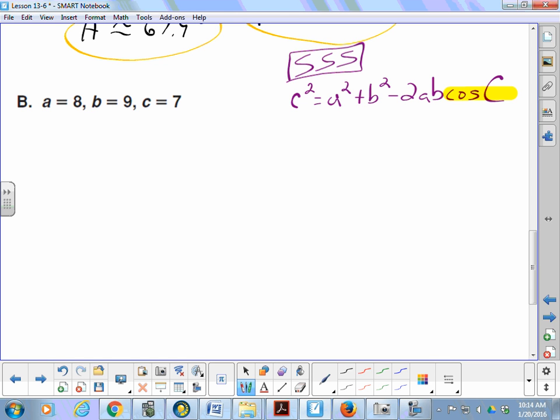Okay? So, what do I do first to solve for cosine of C? No, we're not plugging anything in. That's non-existent right now. We're just taking this law of cosines and we're going to solve it for cosine of C, so I get that by itself.